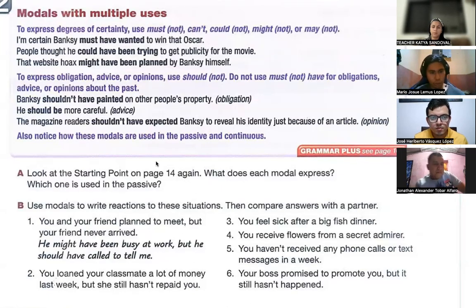Okay, you loaned your classmate a lot of money last week, but she still hasn't repaid you.